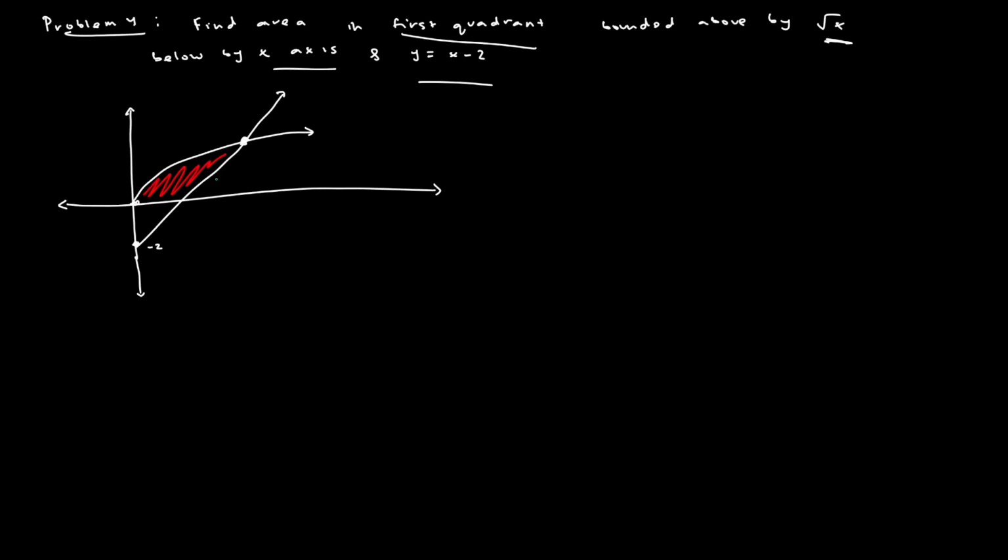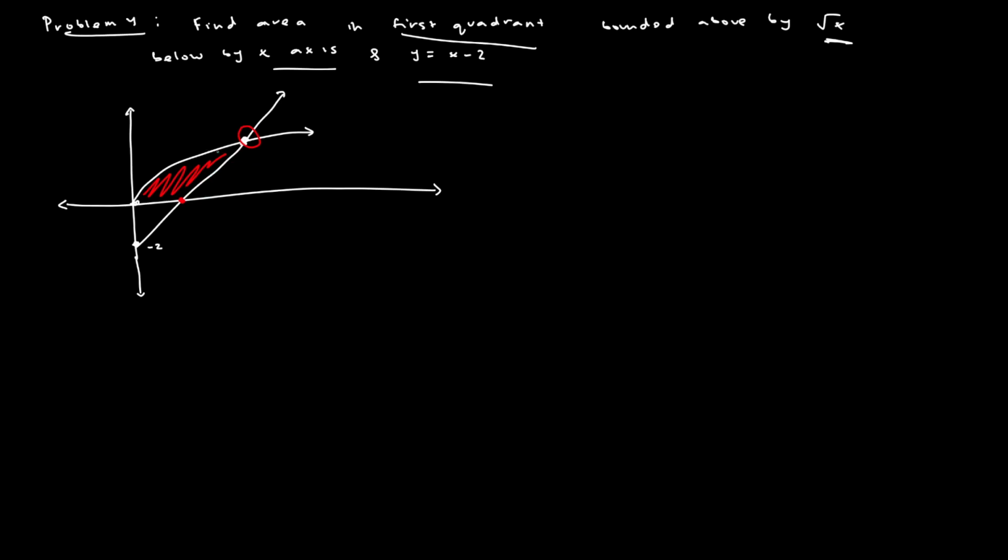And in order to do this, we need to find some key points, particularly what this intersection point is and this point over here, because at that point, the lower function changes from being the x-axis to the line y equals x minus 2. And therefore, we will need to make 2 separate integrals to solve this problem.